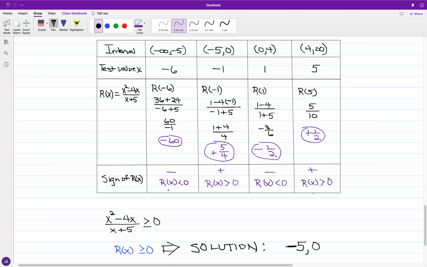And also where r of x is greater than 0, so we are involving the limits 4 and infinity.